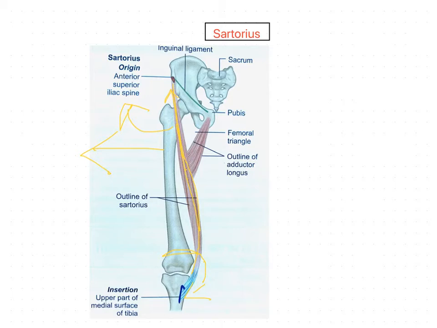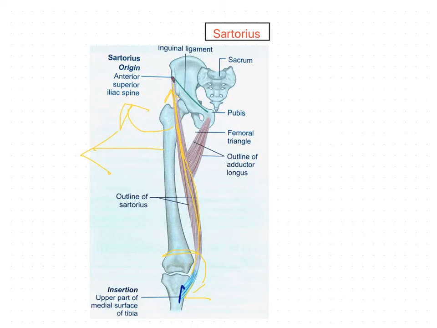These actions are involved in assuming the position in which a tailor works. In tailor work these muscles and actions are very much involved. Okay, this is about sartorius.